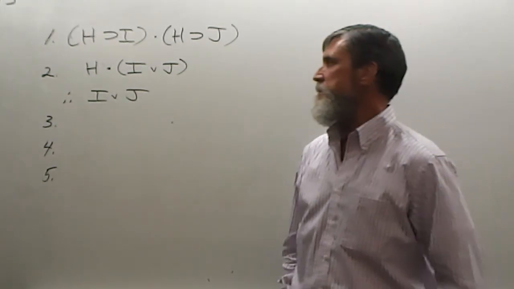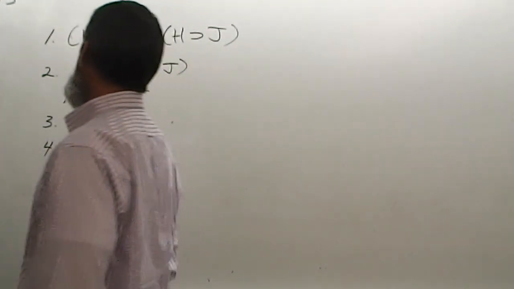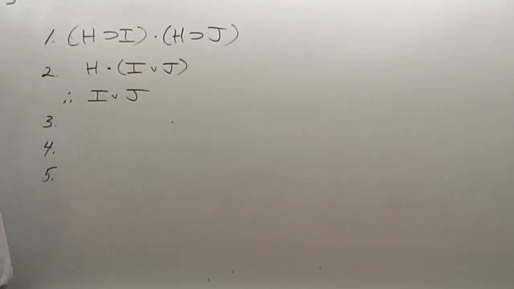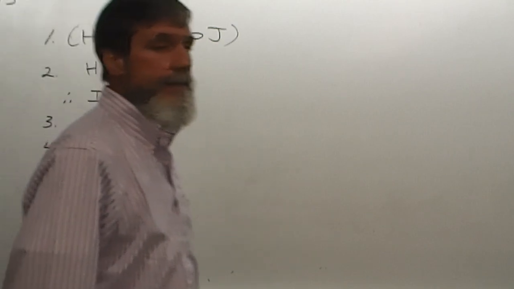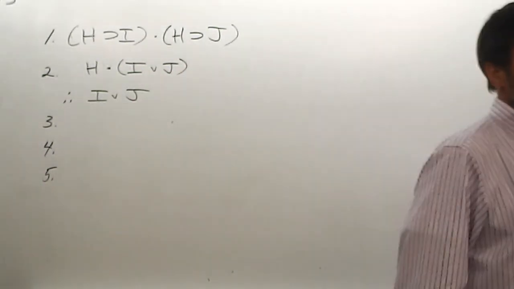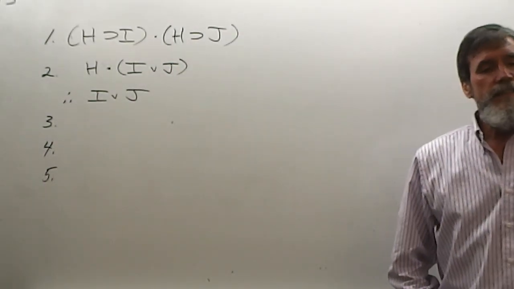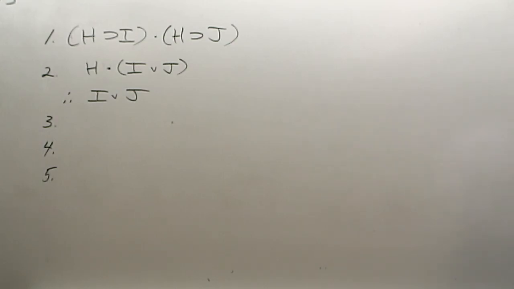H. Well, our conclusion, I wedge J, exists in line 2. Is there any way it's coming from line 2? By extraction? No, because it's the right-hand side of a dot. You can't touch it. So it's not coming from line 2.